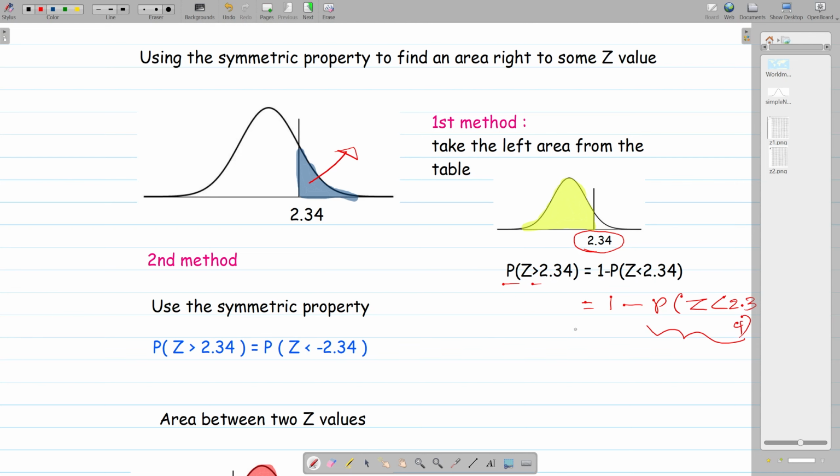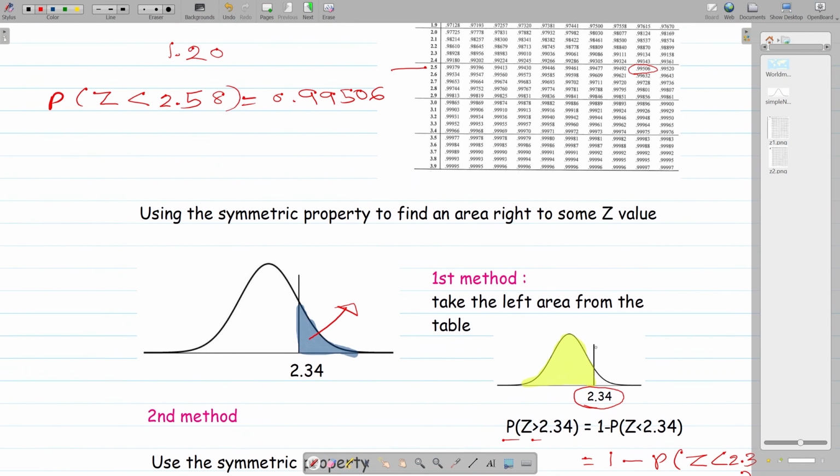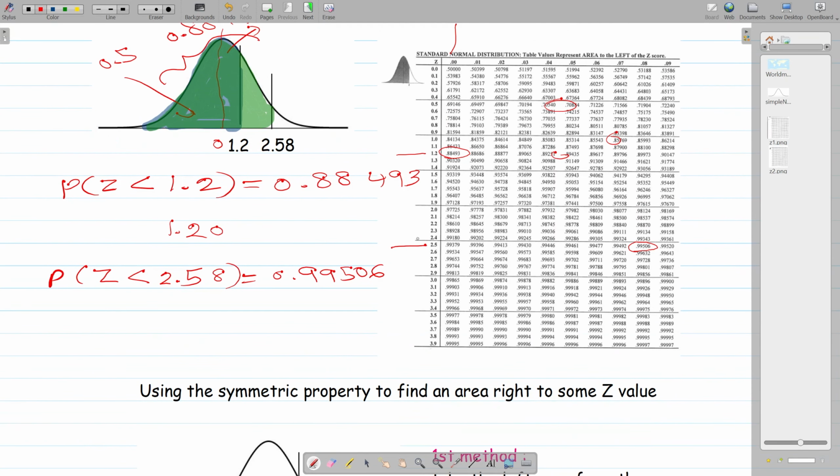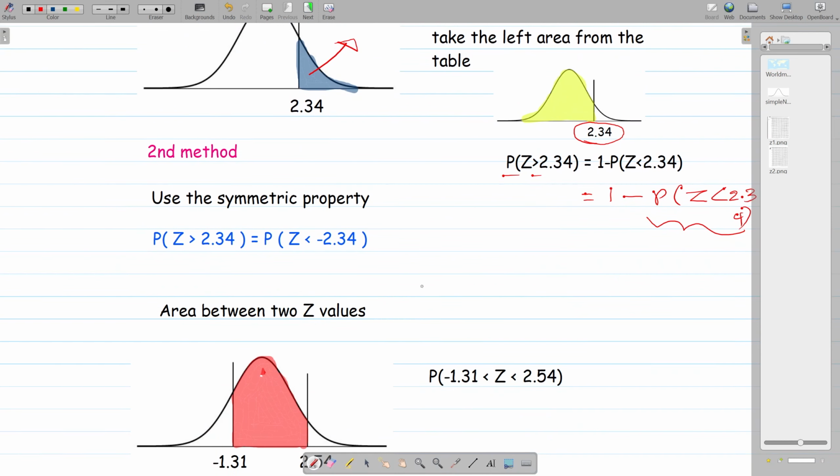Let's go to the table and find out the area less than z equals 2.34. Now, let me go back to the table. Up here, 2.34. This one is 2.3 and yes, this is the 2.34, 0.99036. So, this value is 0.99036.